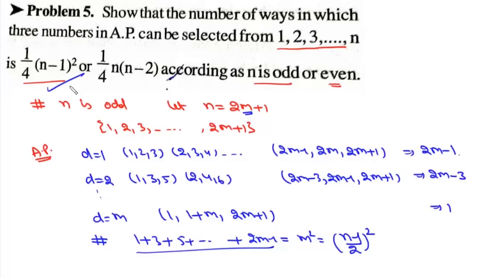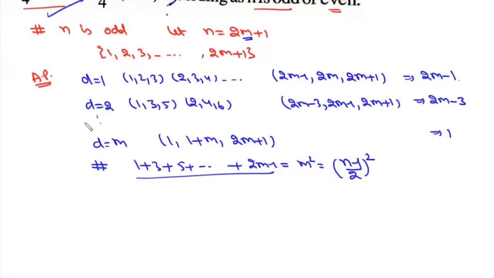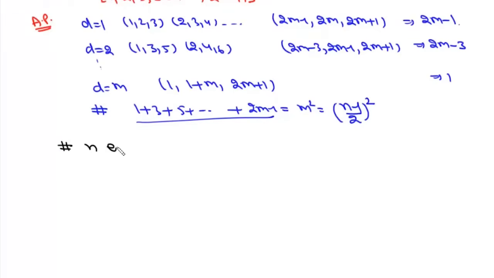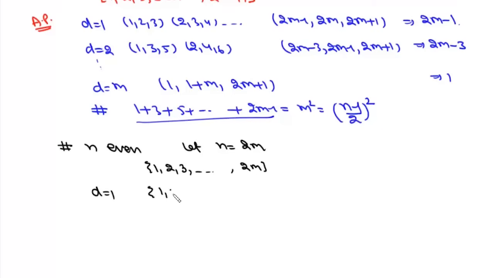Now we'll consider the second case when n is an even number. Now if n is even, say n equals 2m, then we have numbers from 1, 2, 3 up to 2m. Now with common difference 1, we have 1, 2, 3, 2, 3, 4 up to 2m - 2, 2m - 1 and 2m, which are 2m - 2 cases.